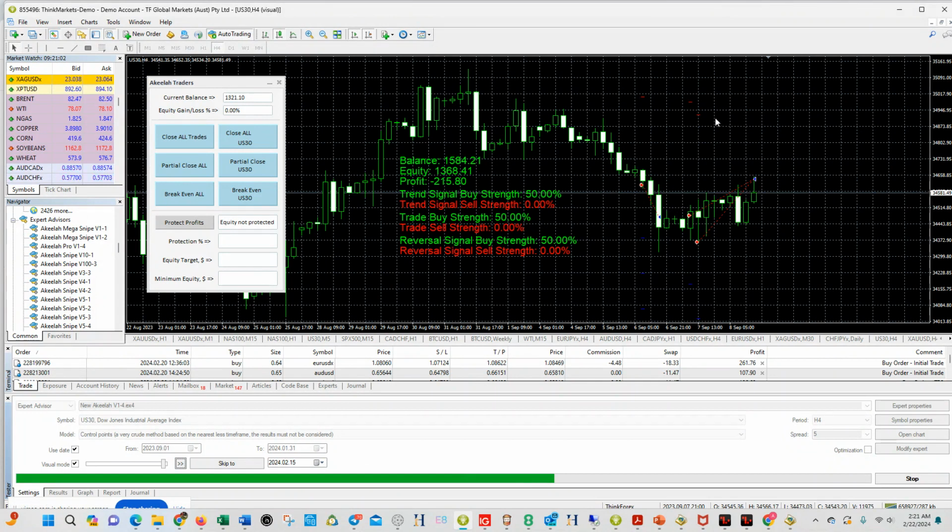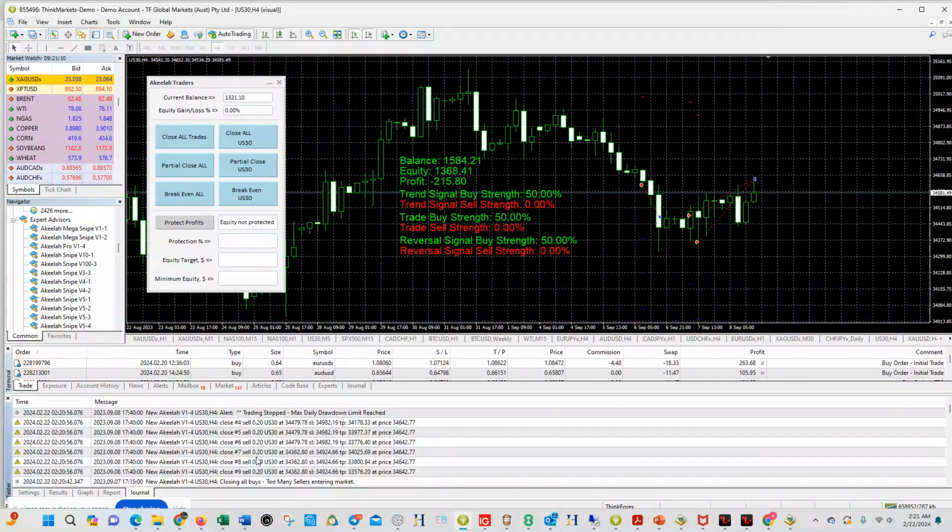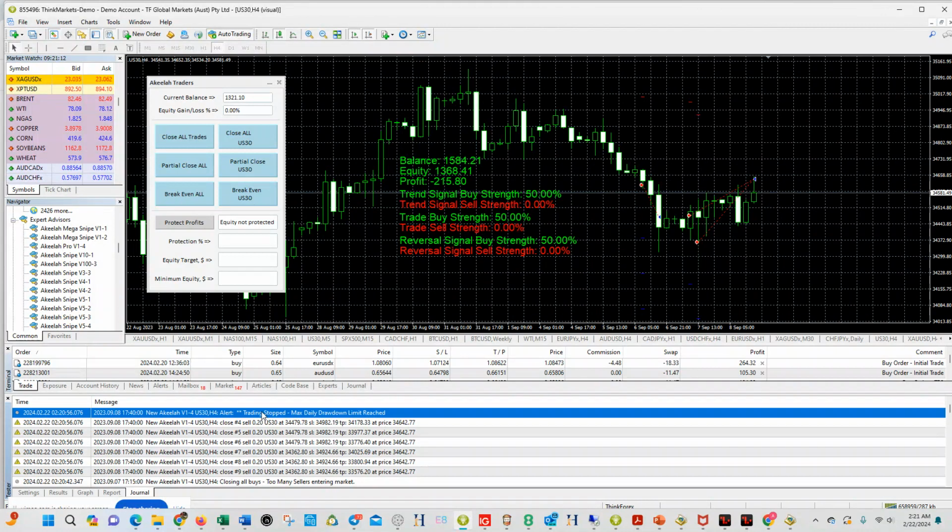So we did not, again, hit our stop losses. But let's go up here and see why the system exited there. Trading stop. It says max daily drawdown limit reached. So at that point, we reached our daily drawdown, and the system saw this and stopped trading for us.